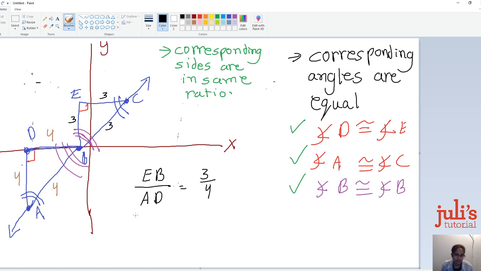And then this one, EC over DB, is also 3 over 4. So their corresponding sides are in the same ratio. Now if I look at my hypotenuse, AB over BC is also 3 over 4.